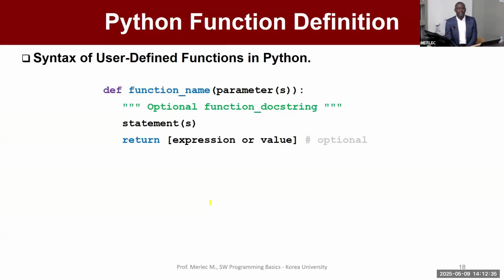In terms of syntax of a user-defined function in Python, the definition of a function starts with the keyword def, which is the keyword used to define a function, followed by the name of the function. To name the function, remember the ID rules we have seen for variables and any object that can be used in Python.